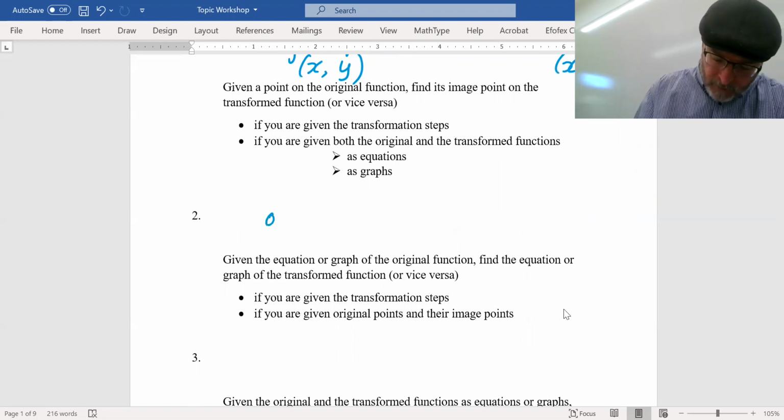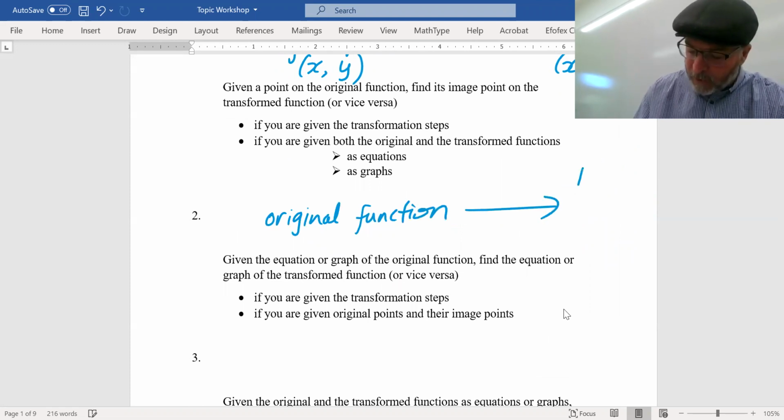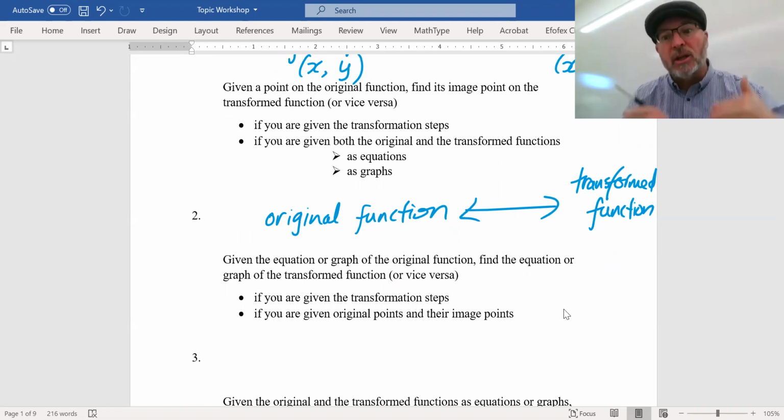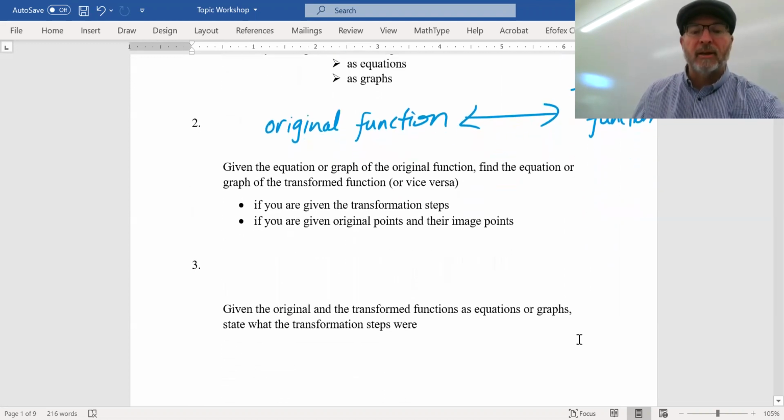So this one is about going in between the original function and the transformed function, or vice versa, given enough information to go between them. And there is a connection between points, what happens to points and what happens to functions, of course. And the third thing is, given the original and the transformed functions, show what the transformation steps are.